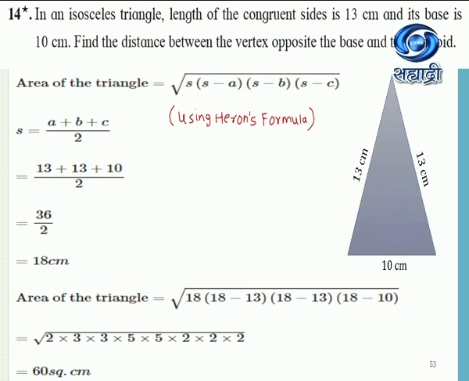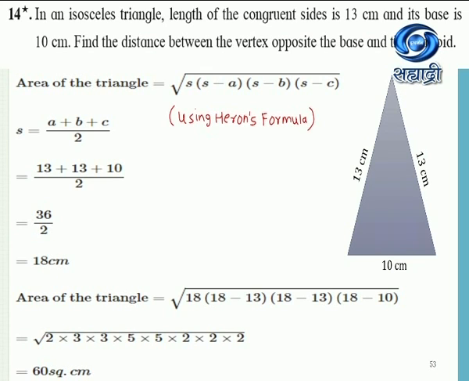S is the semi-perimeter, that is A plus B plus C upon 2. It gives us 36 upon 2, which is 18. So area of the triangle will be 18 multiplied by 18 minus 13, 18 minus 13, 18 minus 10.